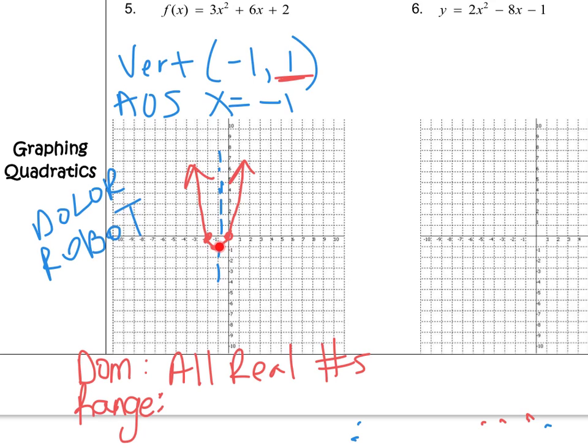Well, I can see that it's above, so my range is y, which is the range, is greater than or equal to, that's above, and the y value of my vertex is -1. Looks like I didn't put a negative in there. Okay, so my range is y is greater than or equal to -1. Okay, let's turn the page.